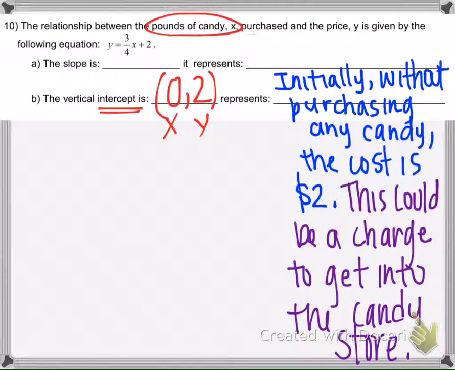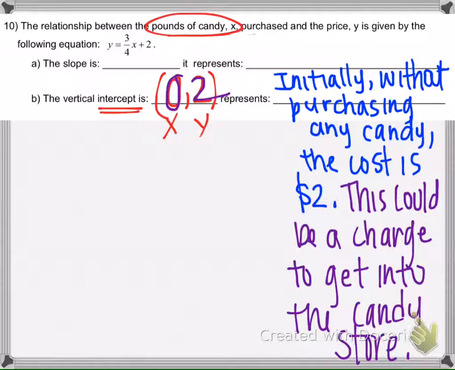So I could put initially, so that means at the beginning, without purchasing any candy, the cost is still $2. So maybe it's a candy store where they sample candy when you walk in, so they charge you to get into the candy store, kind of like Costco charges you a membership fee, regardless if you ever go and buy anything.